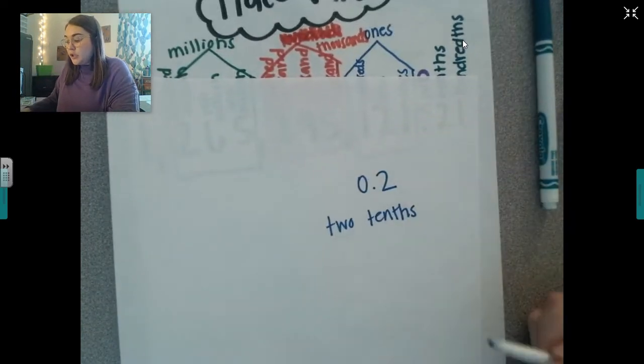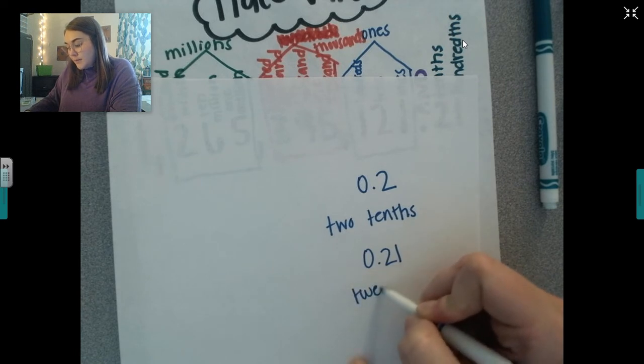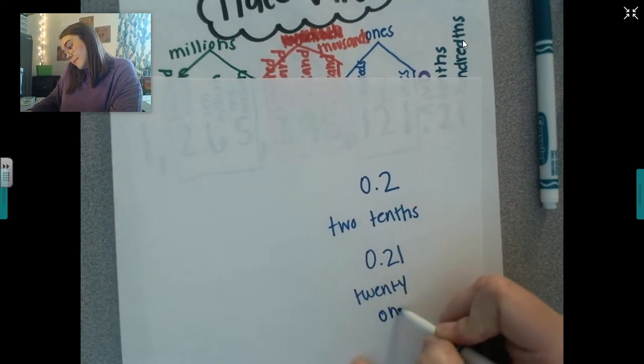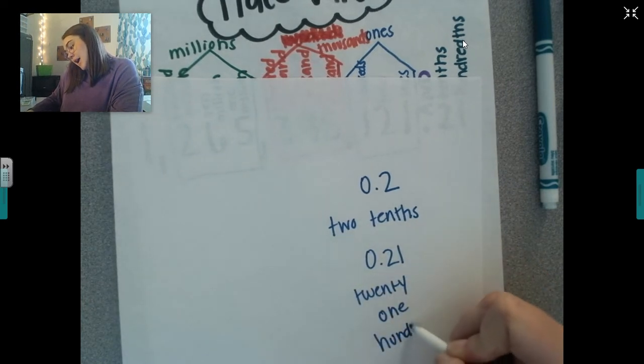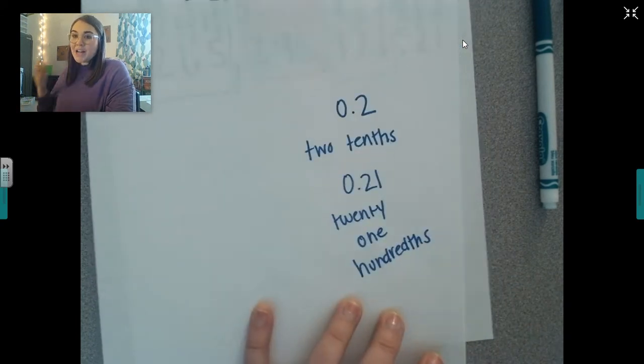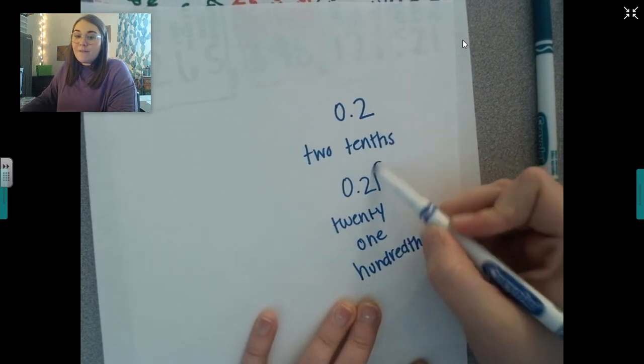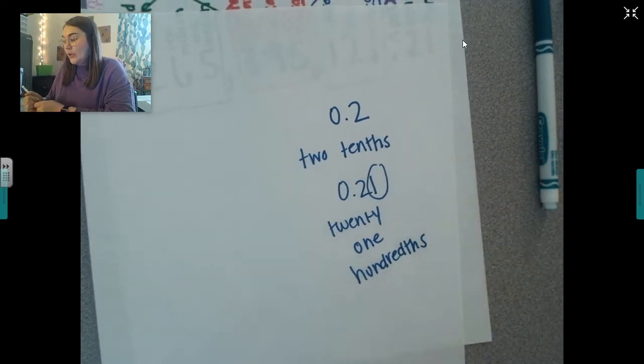So this would be 2 tenths, and this is 21 hundredths. 21 hundredths, not 2 tenths 100ths. You just read the very last place value.